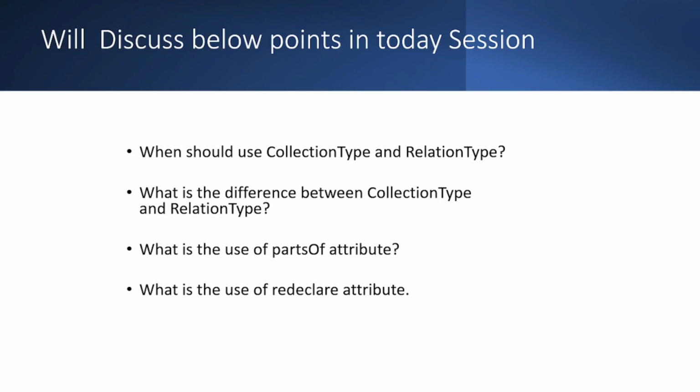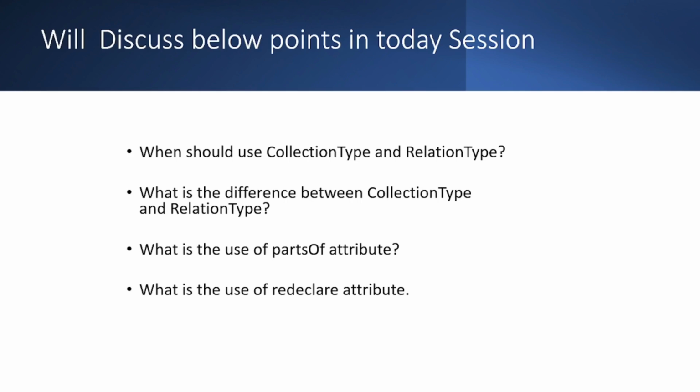Coming to the second one, what is the difference between collection type and relation type? There are a few differences. Collection type basically stores all data in a comma separated form, like A, comma B, comma C, and so on.